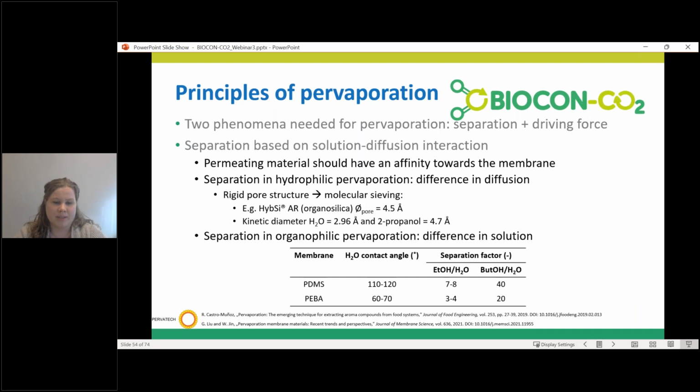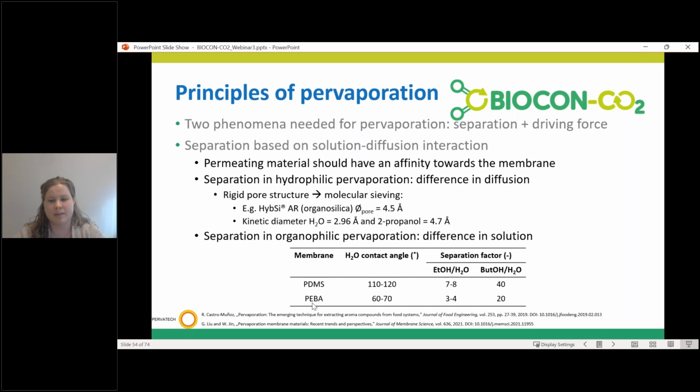So as just mentioned, organic materials often have a lower diffusivity, and that is the reason that organophilic membranes cannot use this diffusion selectivity, and the separation is based on a difference in solubility of the one material in the membrane material. If you look at the water contact angle of the PDMS membrane, it is higher as compared to that of the PEBA membrane, and this indicates that the material is more hydrophobic.